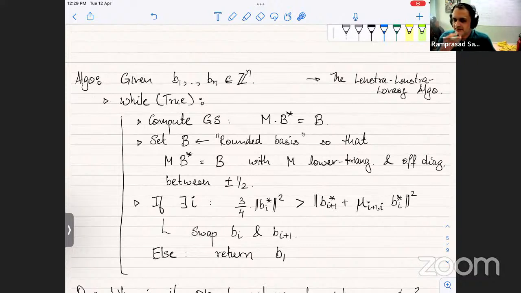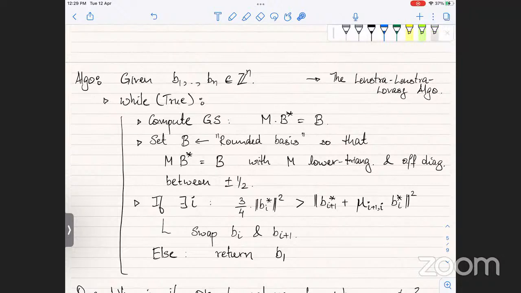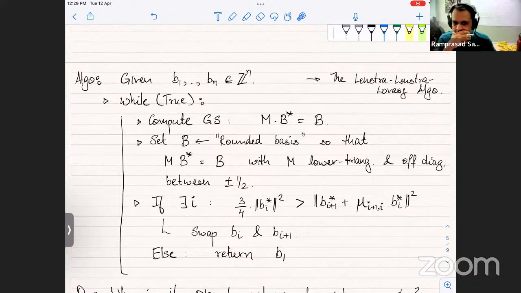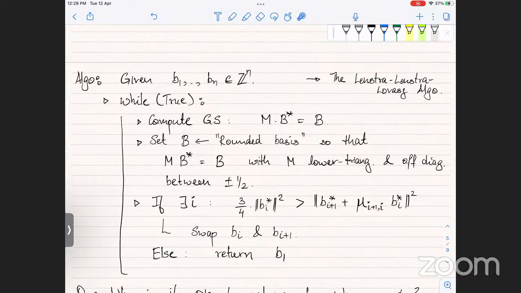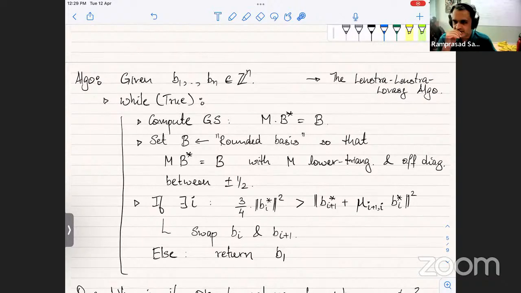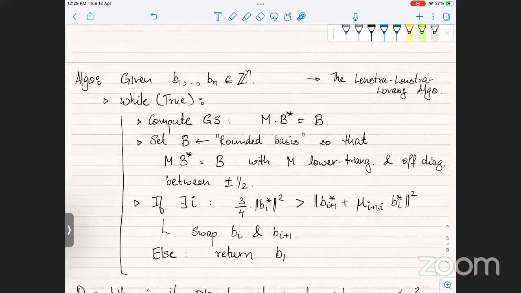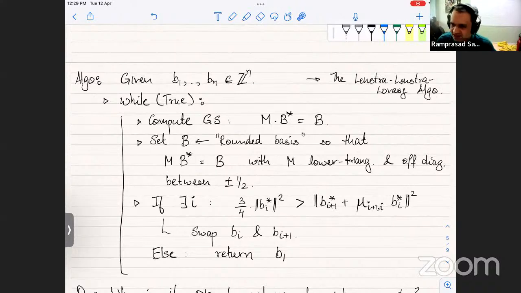Sir? Yeah? So are you saying that if we change the ordering and take a different Gram-Schmidt basis, it might happen that the first trial, whatever basis we have, still each is +1, -½? Sorry, I couldn't understand your question.